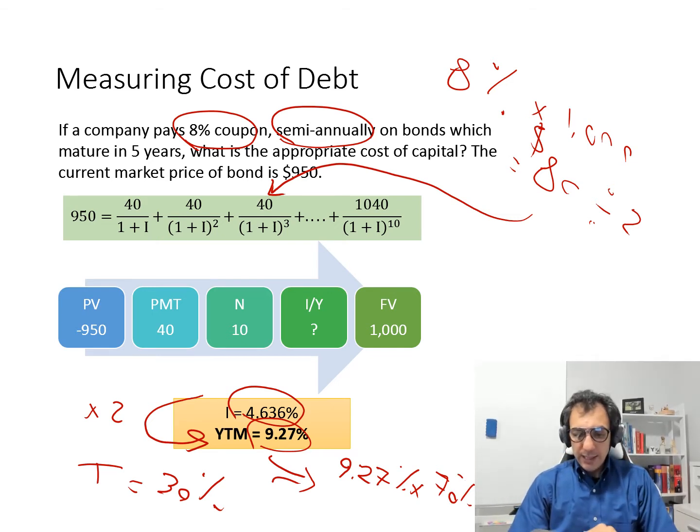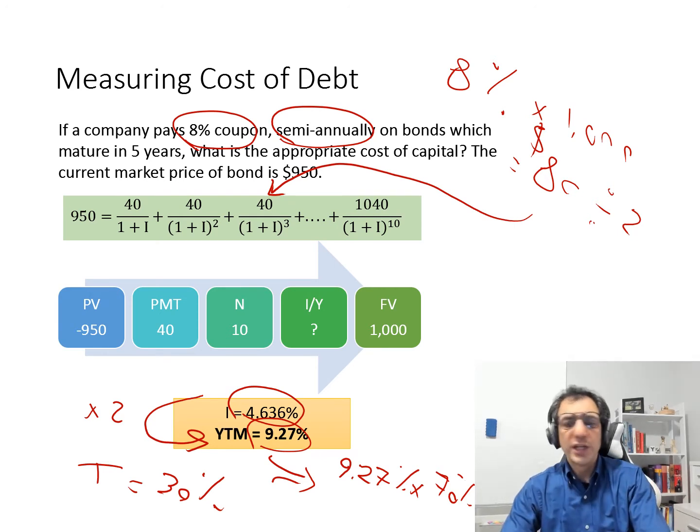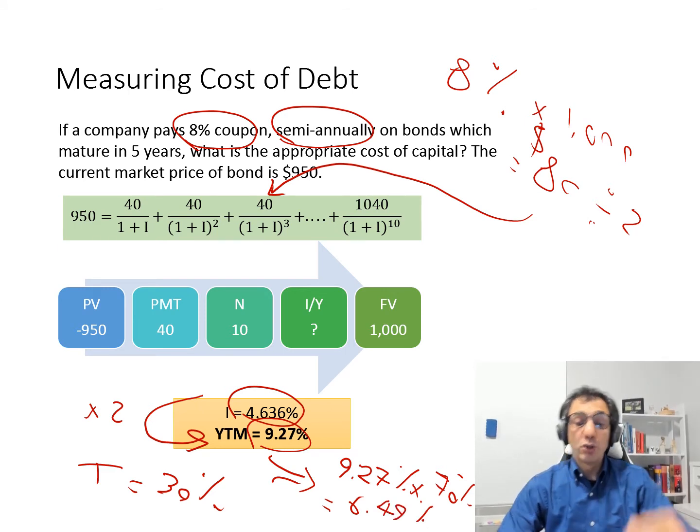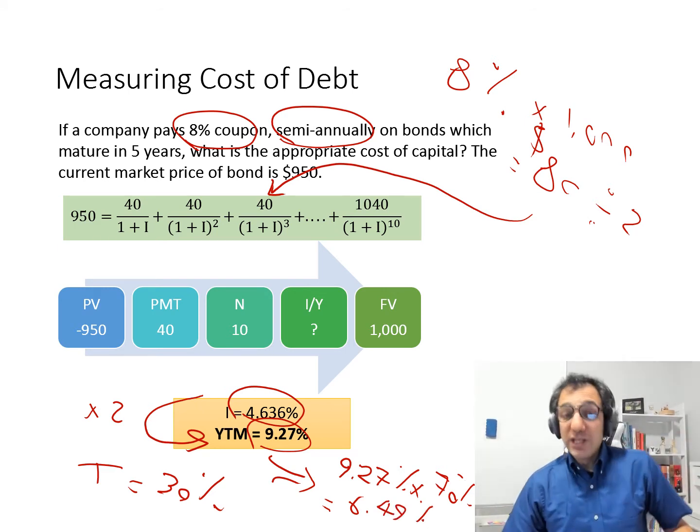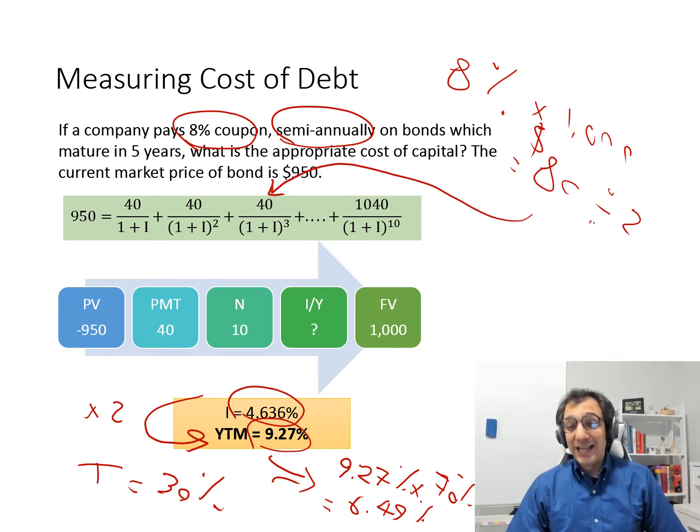In this case, your after-tax cost of debt becomes almost 6.5%. To be exact, it's 6.49%. So your after-tax cost of debt, as you see, is less than the before-tax cost of debt.